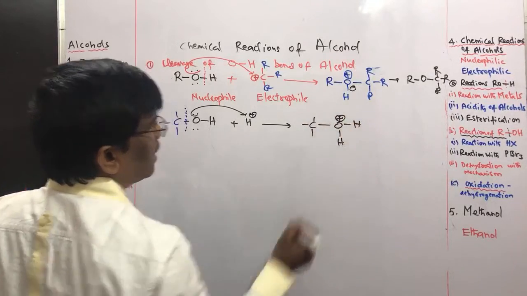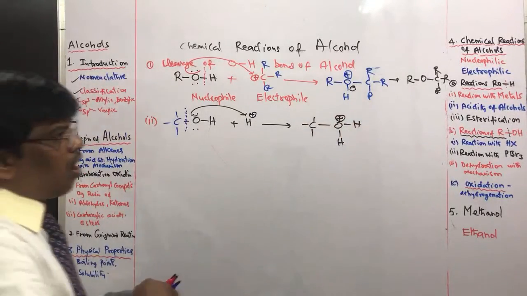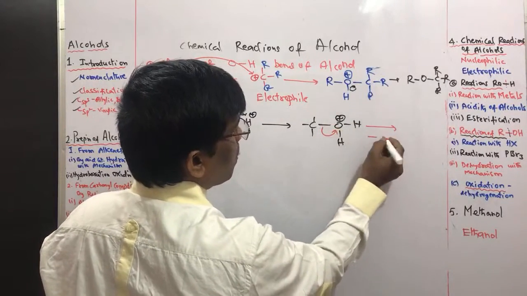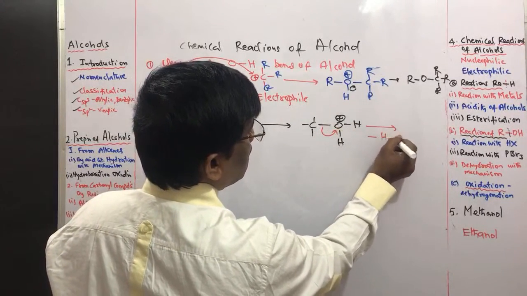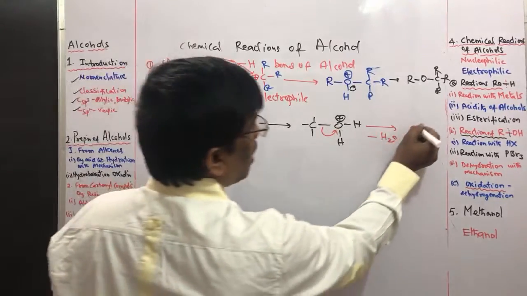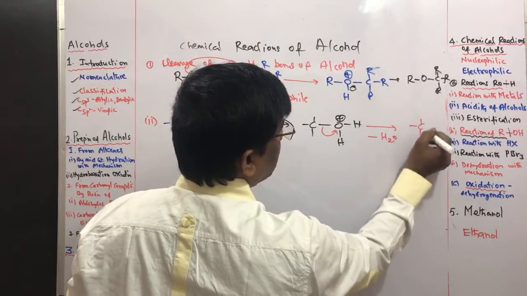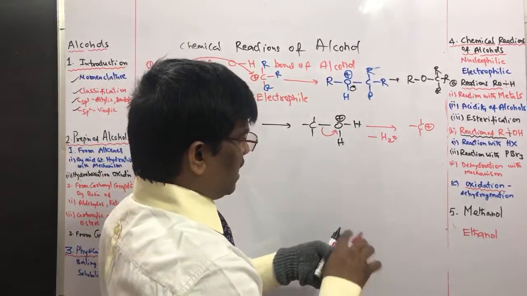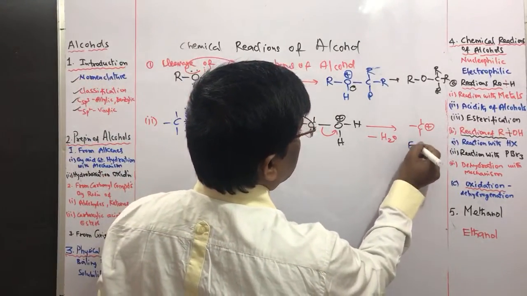Yes, students. Now this oxonium ion loses water to give a carbocation. This is a carbocation. This carbocation is an electrophile.